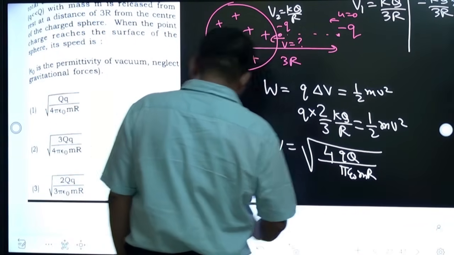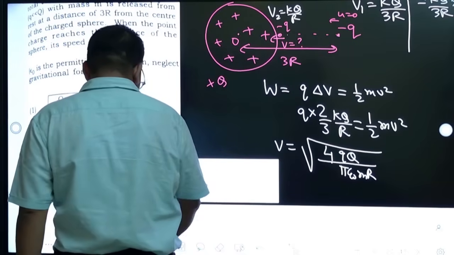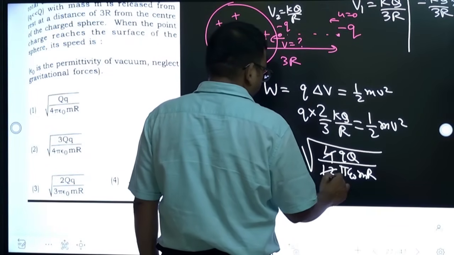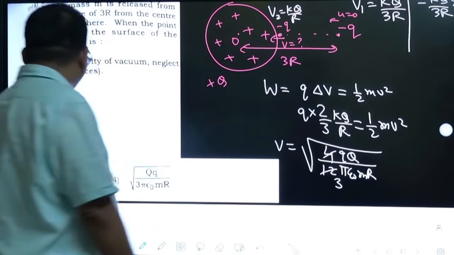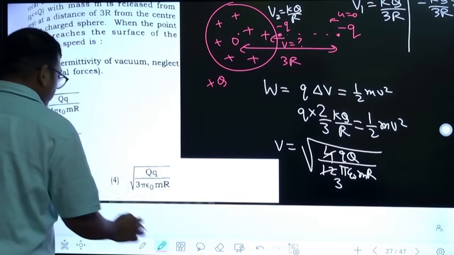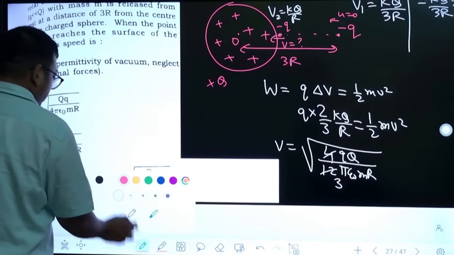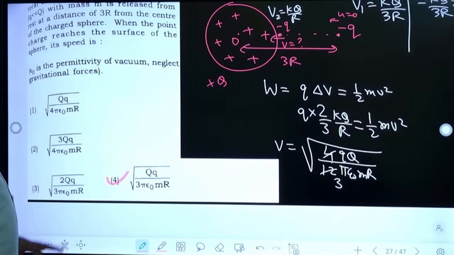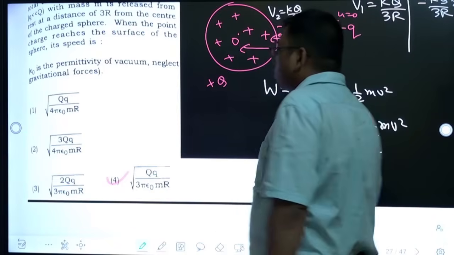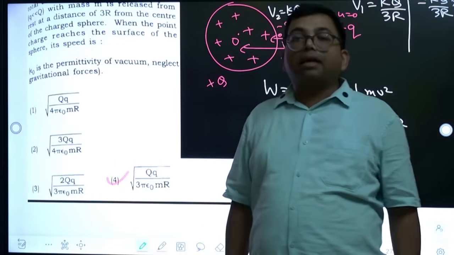This factor 3 was there also, so this factor 12 will be there. So 4 into 3, you can take, so 3 factor will come. This one is going to be the answer, the fourth option: Q by 3 pi epsilon naught m r. Fine. So this type of question comes in this topic.